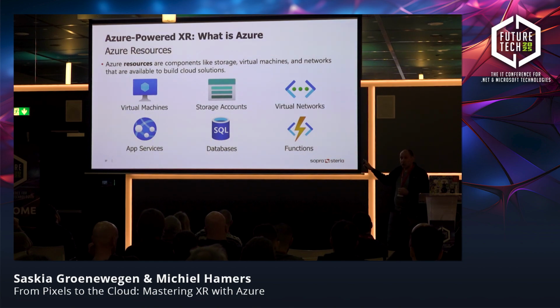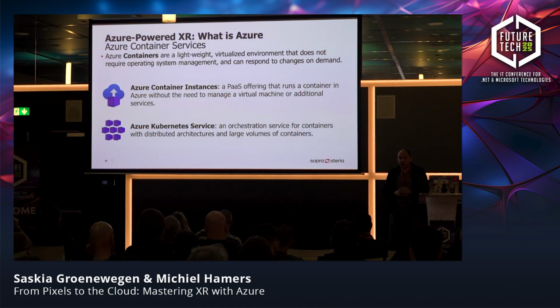This figure is of course not complete, as Microsoft is adding new features and components all the time. One of the things that is really heavily used, and more and more, is the Kubernetes part. You have Azure Kubernetes Service and Azure Container Instances, where you can build your own solution, deploy it to a container, and then let Microsoft handle the scaling and almost everything else for that application.